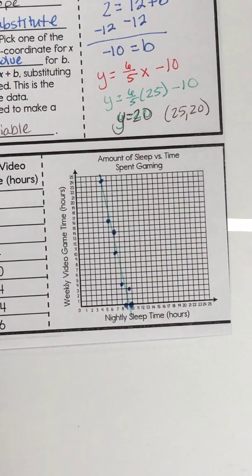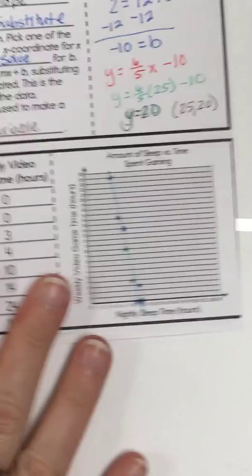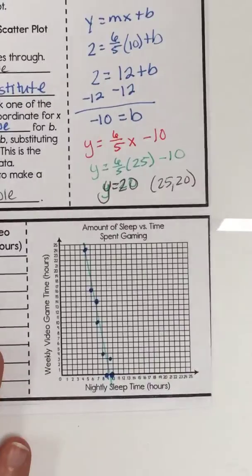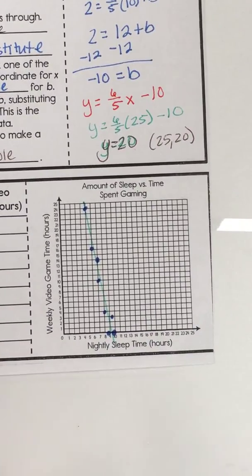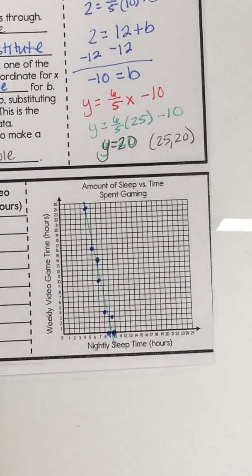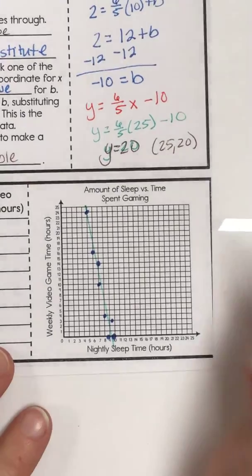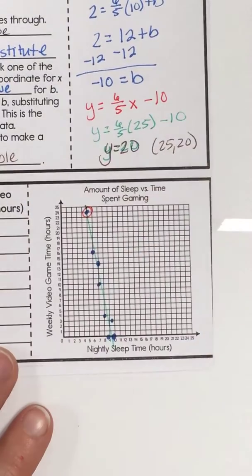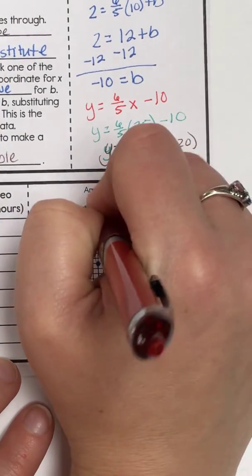Those 2 points that you're choosing are not 2 data points. They are not from this information. Your 2 points that you're choosing are 2 points that fall on your trend line. So when I look at the trend line that I drew, my points may not be the same as your points. My trend line did go through this data point, which was (5, 24).